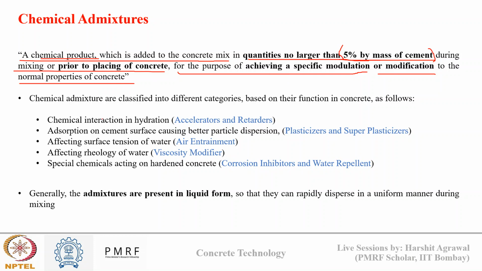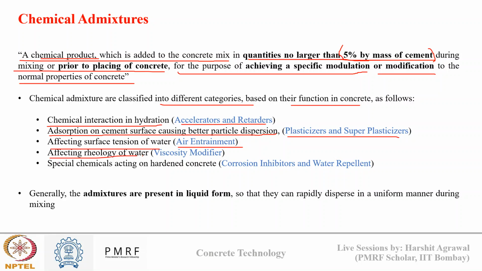Chemical admixtures are classified into different categories based on their function in concrete. Their function can be chemical interaction with hydration, which are known as accelerators and retarders. They can cause adsorption on the cement surface, causing better particle dispersion, which are known as superplasticizers and plasticizers. They can affect the surface tension of water, which are known as air entraining admixtures.